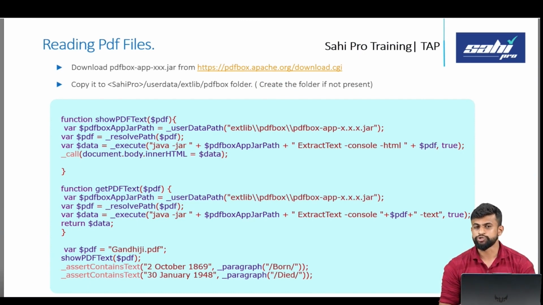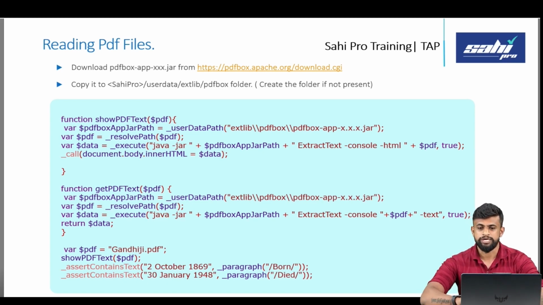What is that? Usually, your Sahi is not that powerful to open a PDF and start reading the PDF. It is not having that power. Who is having that power? Java is having that power. Means now, my Sahi script should interact with Java and Java should read that PDF. And how to do it? You have to write a Sahi script for it, and that is what I'm showing behind.